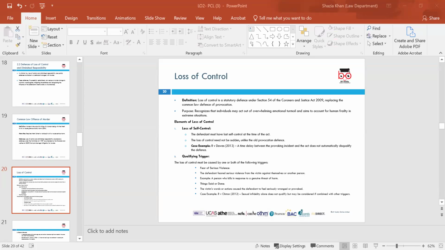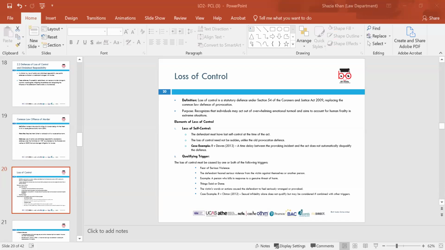The defendant must have been provoked by a thing said or done which constitutes circumstances of an extremely grave character, causing a justifiable sense of being seriously wronged. And the loss of control must be a sudden reaction, not a pre-planned act of revenge.